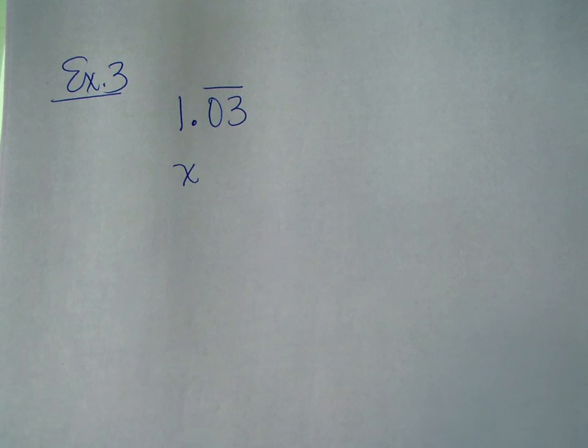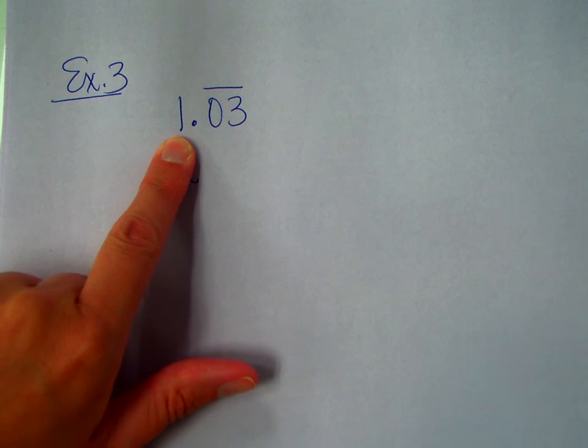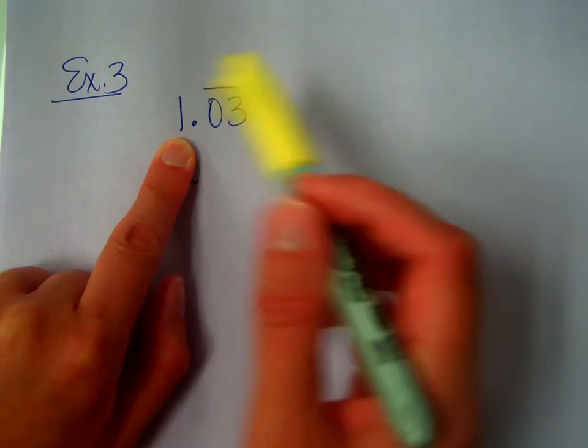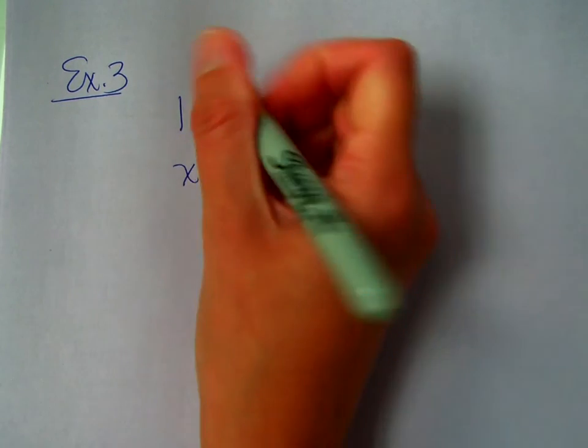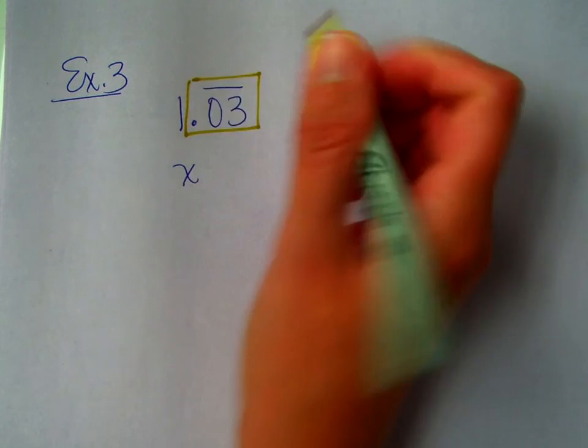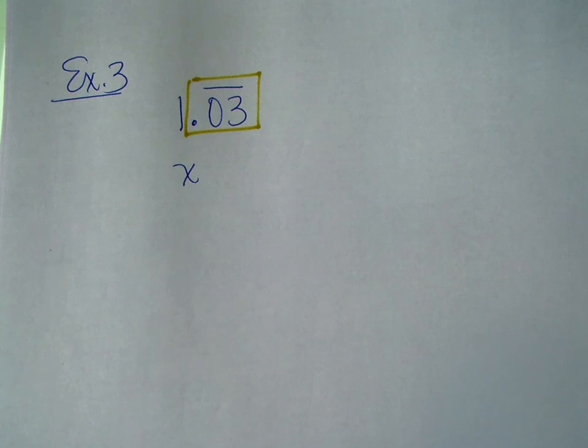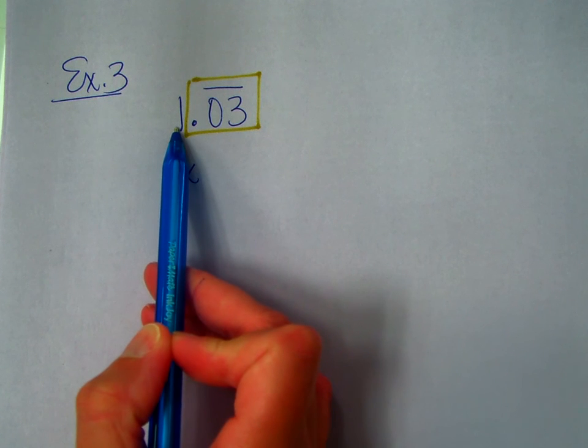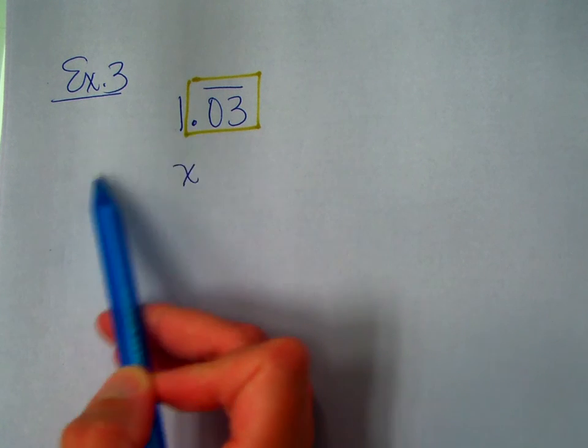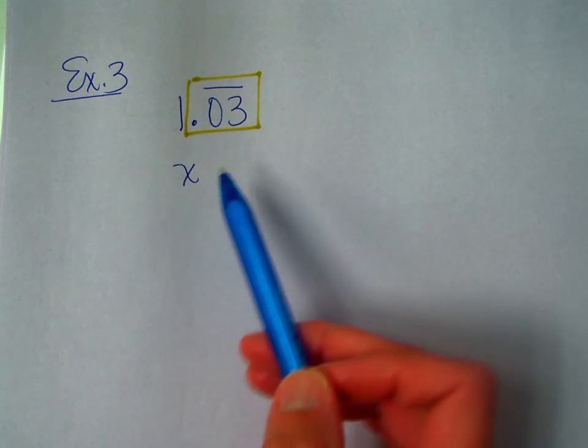That one whole there, right? I really only need to turn this part into my fraction. So at the end, I just need to remember that I have that one whole to bring down, okay? So I'm going to say x is equal to the repeating decimal here.